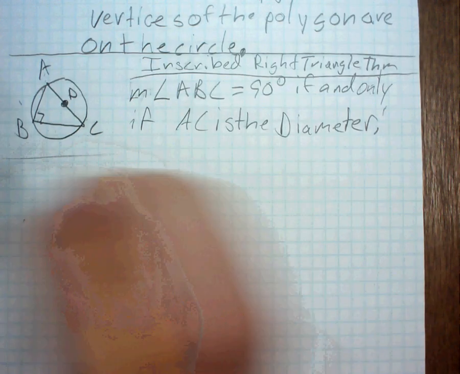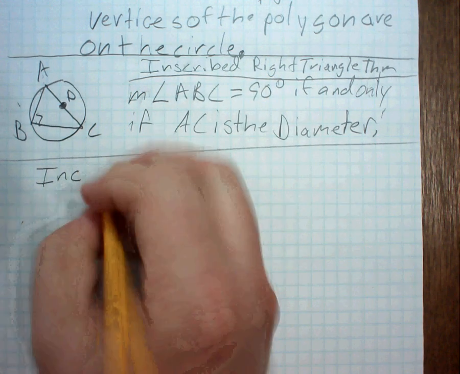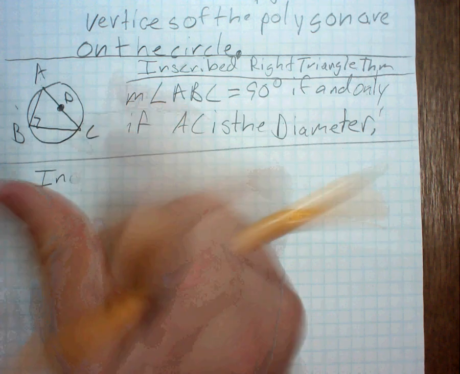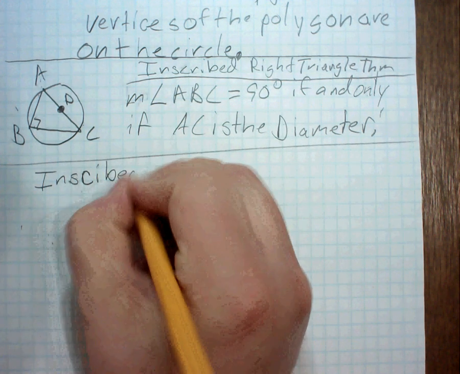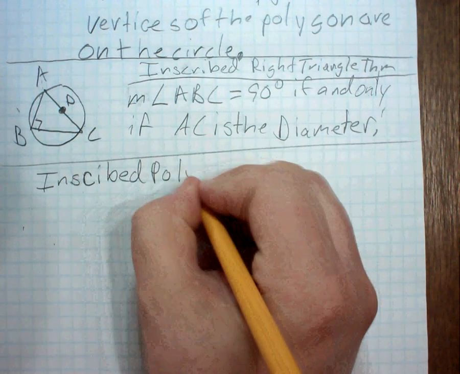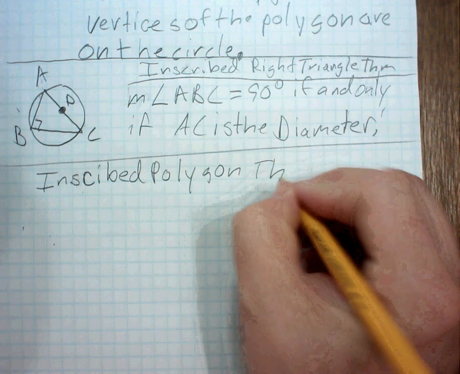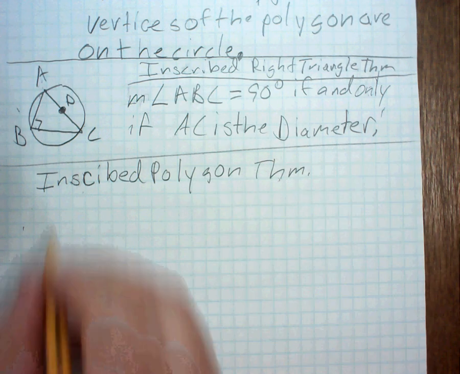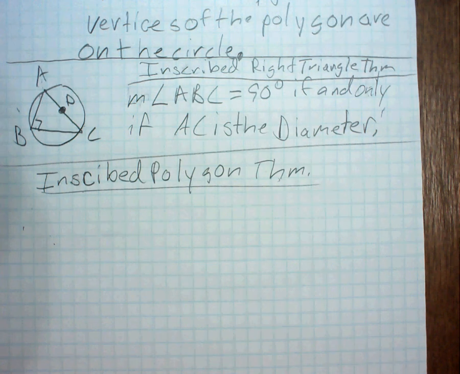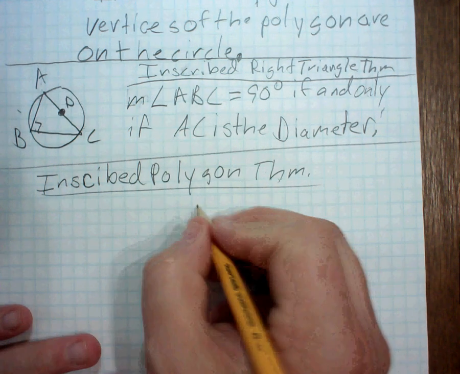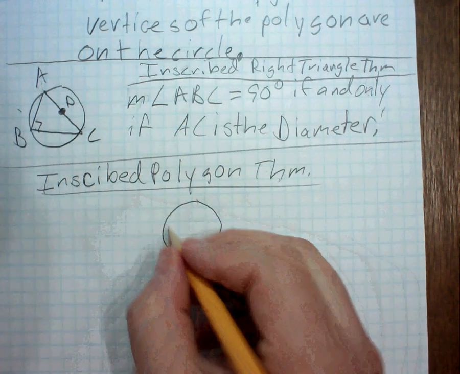And then the next thing would be what we call the inscribed polygon theorem. Now, at the very beginning when I started teaching you guys, I said that any polygon could be broken down into a number of triangles, and that's how we prove the interior angles of a polygon and stuff like that.